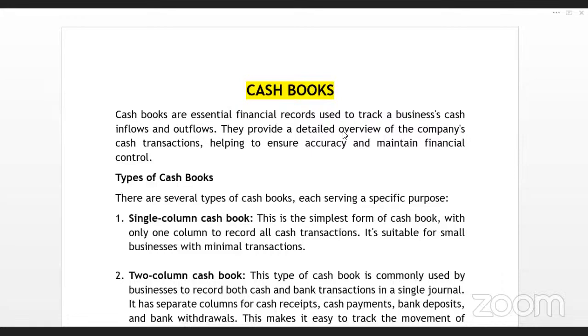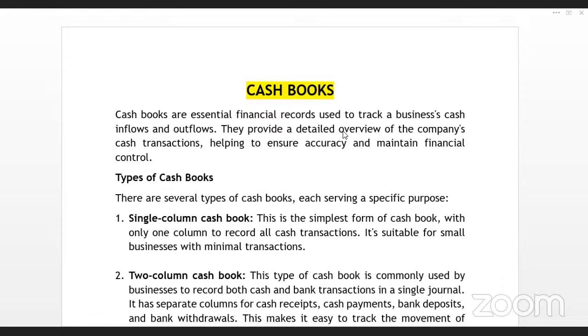If I'm to ask, what is a cash book? Someone to help us explain what a cash book is. Yes, Pascal. It is a book of original entry where cash transactions are recorded.